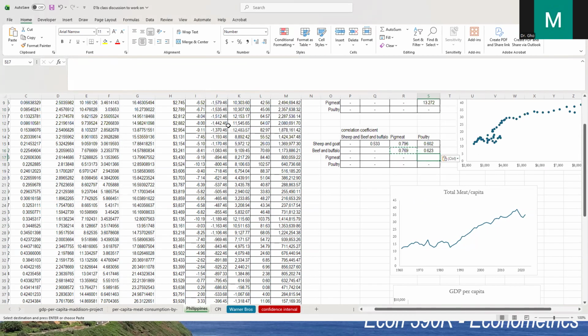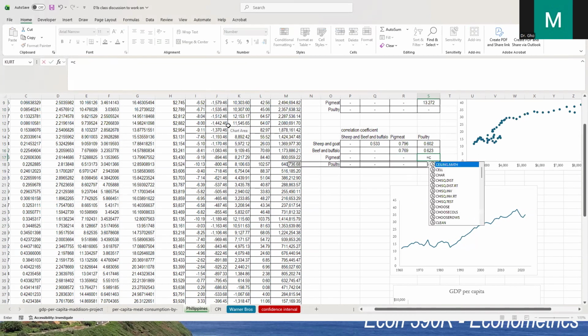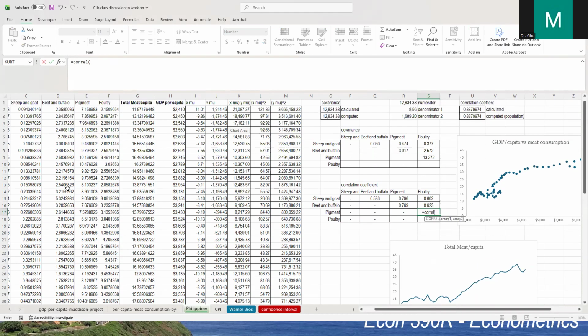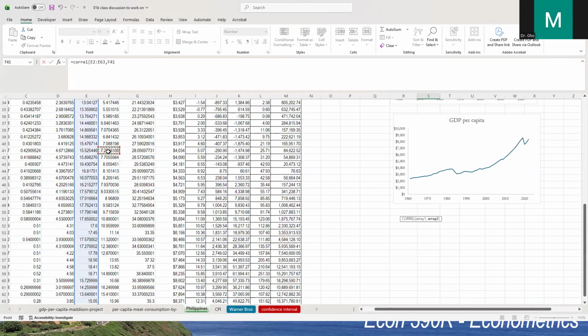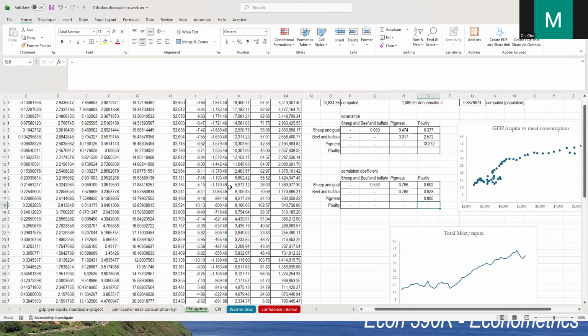And then the last one is pork and poultry, which has a fairly strong correlation. So when people are eating more pork, they're also eating more chicken. With more pig meat, they're eating more poultry, as described in the data. All right, that's what we have for meats.